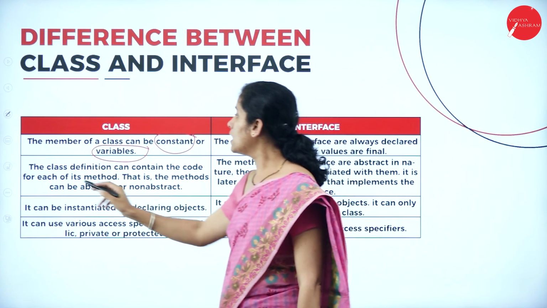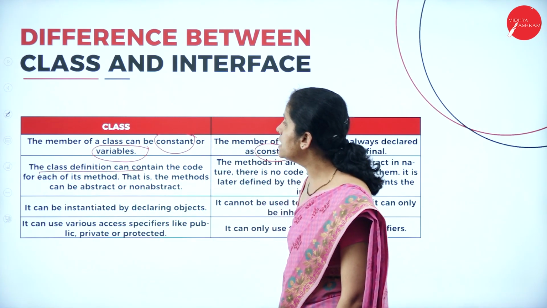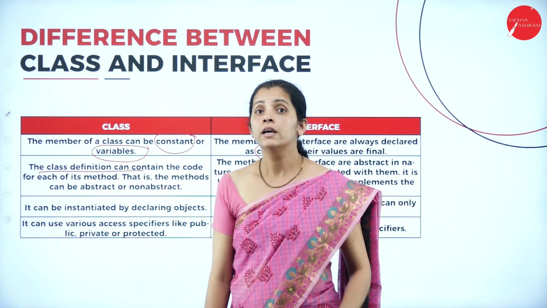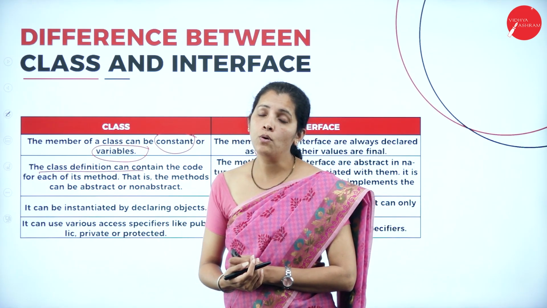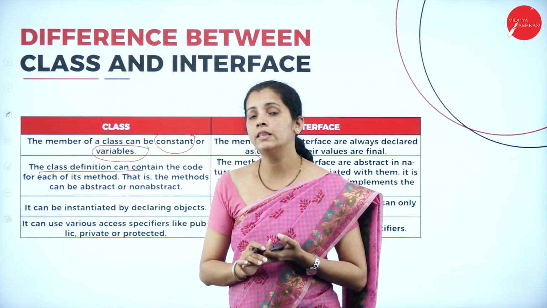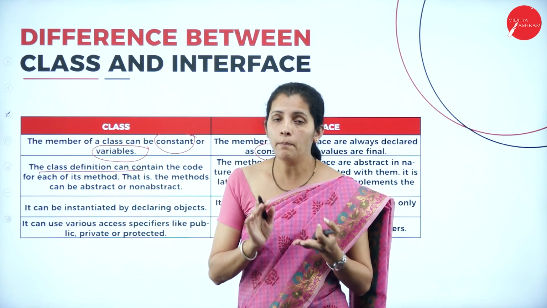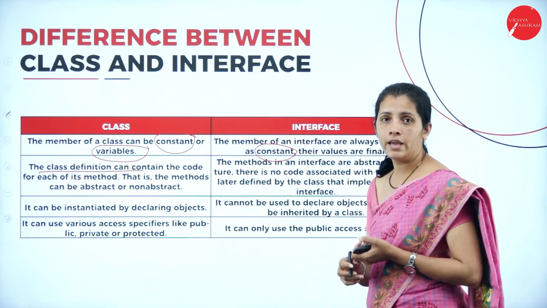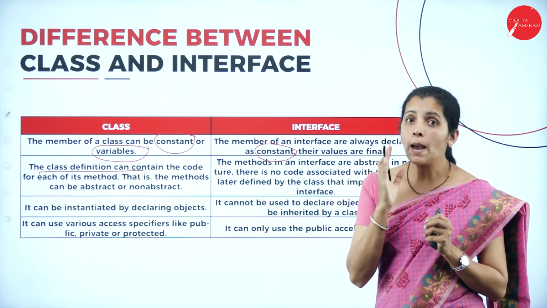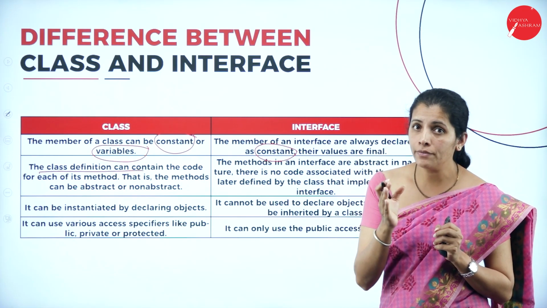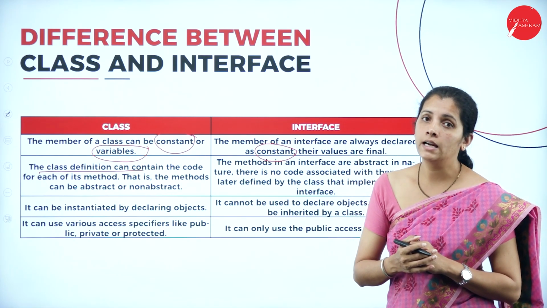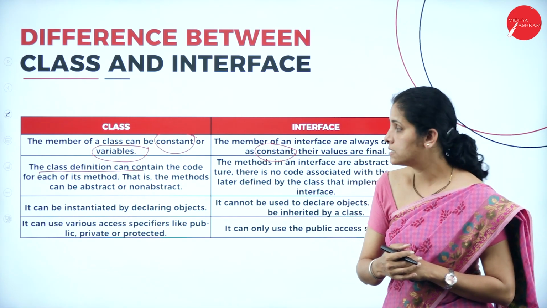And the class definition can contain the code for each of its methods. That means in my class, if I use methods, then there itself I write the body of the method. But in an interface, I declare only abstract methods, and the body of the method is written in some other class.